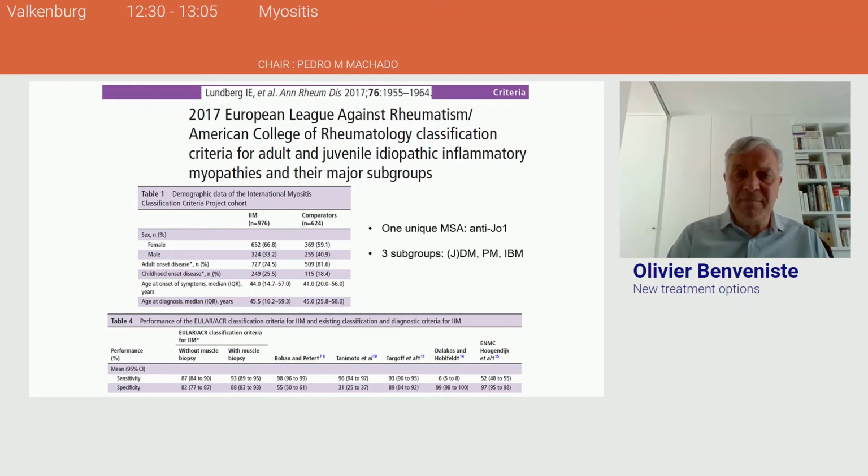Among myositis, at that time she started the classification system, she was not able to use many myositis-specific autoantibodies, only anti-Jo1. So at the end of the day, she could only subclassify myositis as dermatomyositis, sometimes juvenile depending on the age of the patients, polymyositis, and inclusion body myositis.